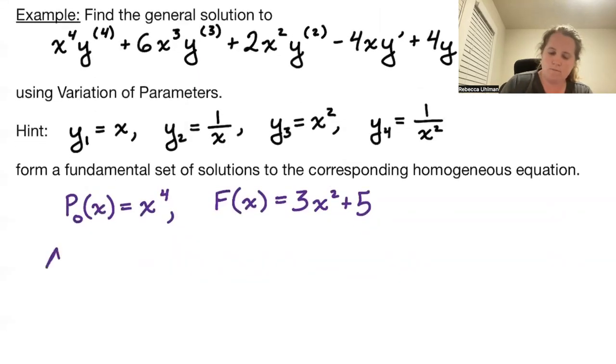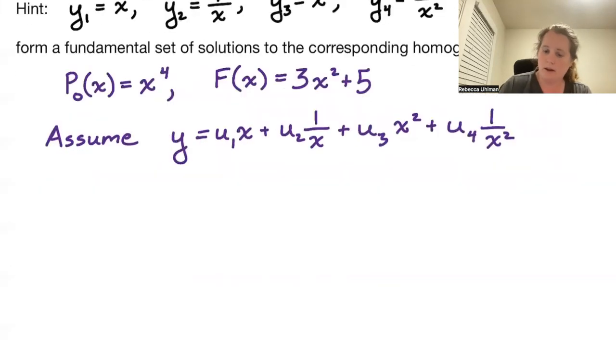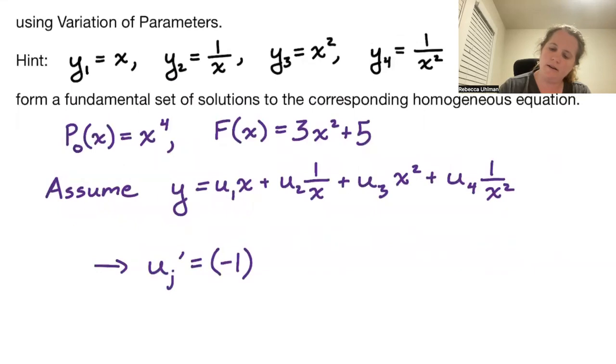If we assume y is equal to u1 times x plus u2 times 1 over x plus u3 times x squared plus u4 times 1 over x squared, we have uj prime is equal to (-1) to the, in this case, n is equal to 4, since we're looking at a fourth order equation.